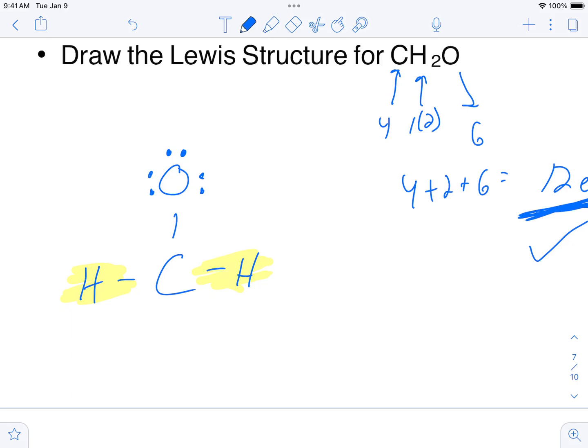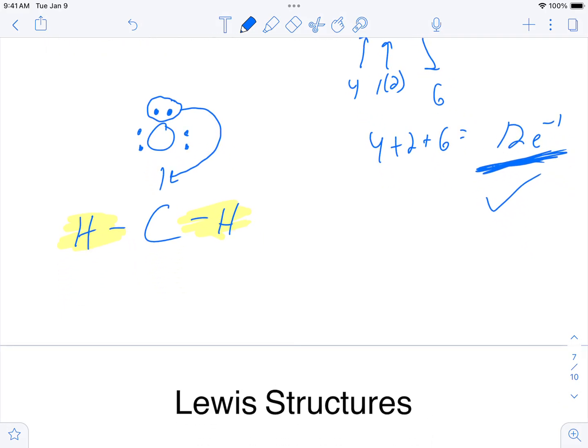These guys are done. So what it's telling us to do is to take a lone pair from oxygen, any lone pair, doesn't matter which one, I just picked the top one, and move it to here. And what that does is just making oxygen share those 2 with carbon.